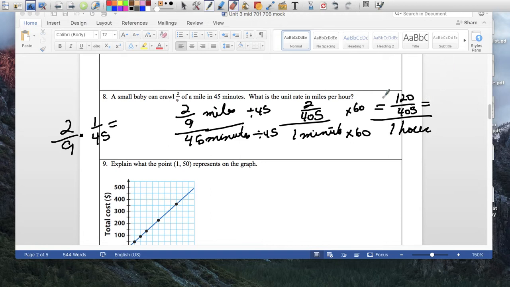Divide by 5. 120 divided by 5 equals 24 on top, and 405 divided by 5 is 81. So 24 over 81. I can still simplify that. Divide by 3, and it would be 8 over 27 miles in 1 hour. 8 over 27.